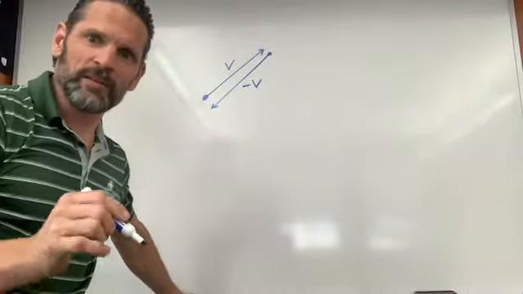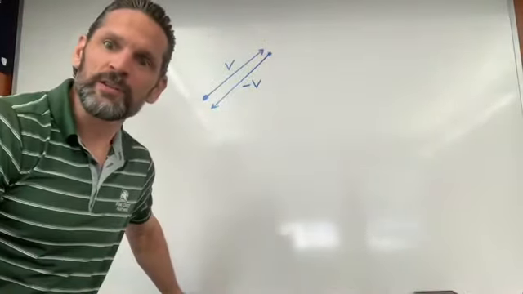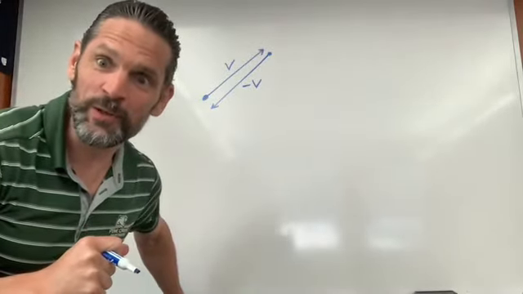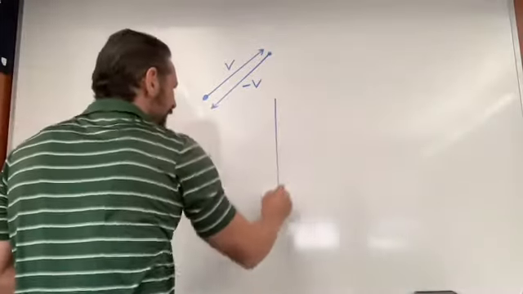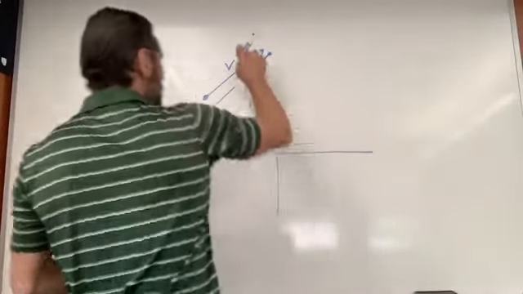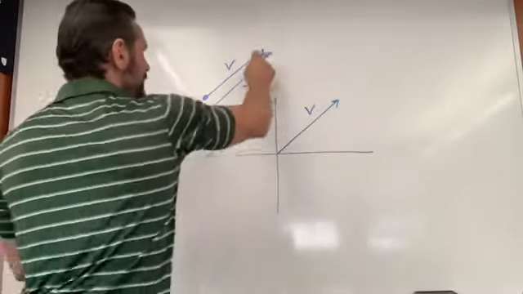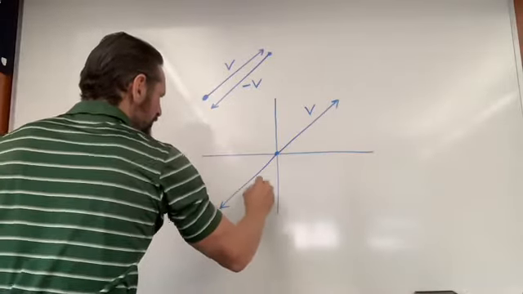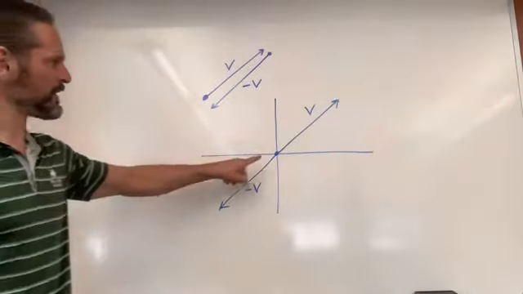You know what I loved about vectors? I could click on them and drag them. Why don't I drag both of these vectors into standard position, which means I'm going to tie the little tails to the origin. Oh, the pole now. So if I have my axes, click, drag, here is vector v. Click, drag, here is vector negative v. They are in the opposite direction. Now keep this in mind.